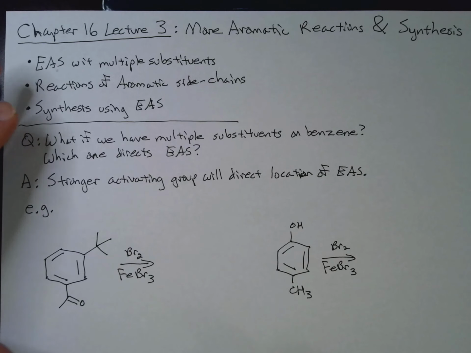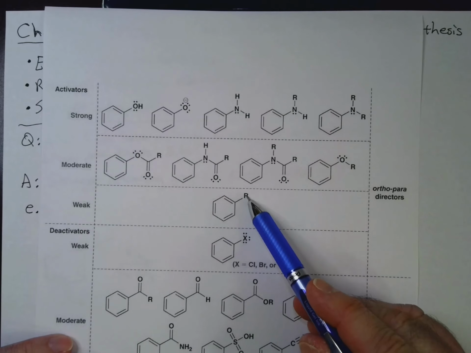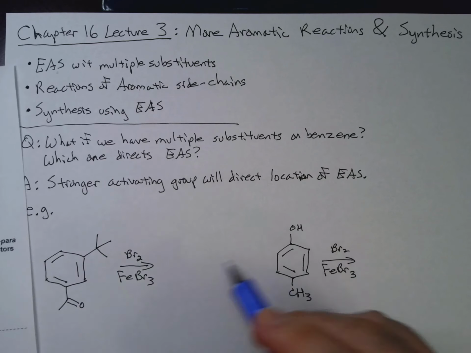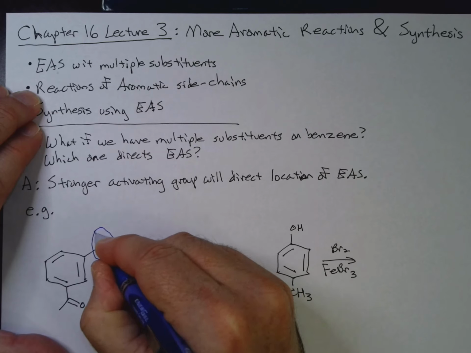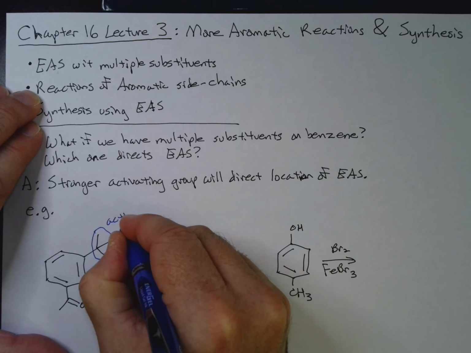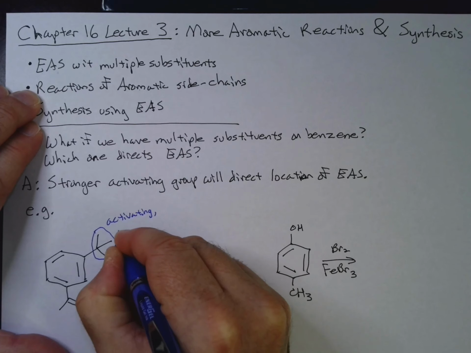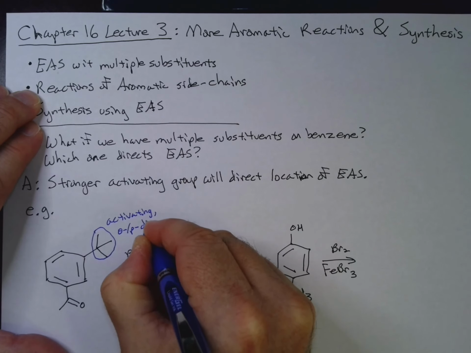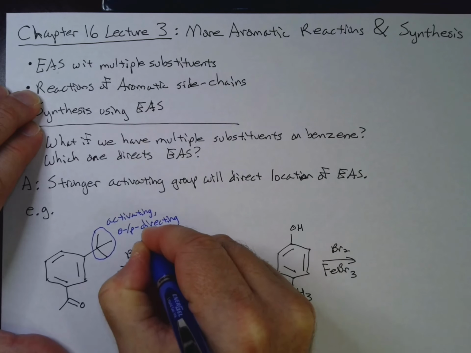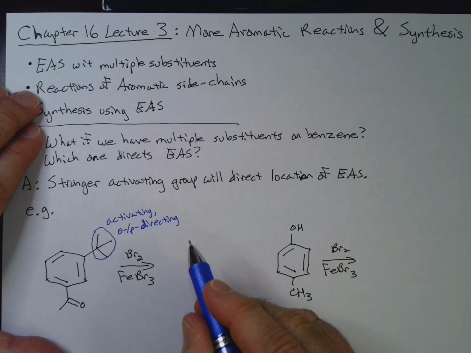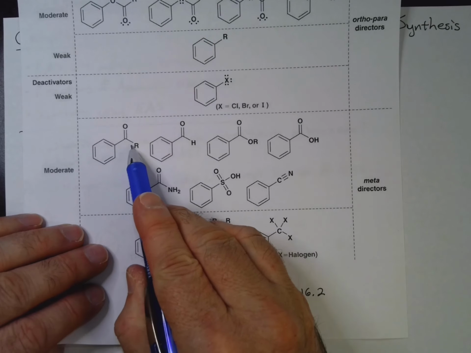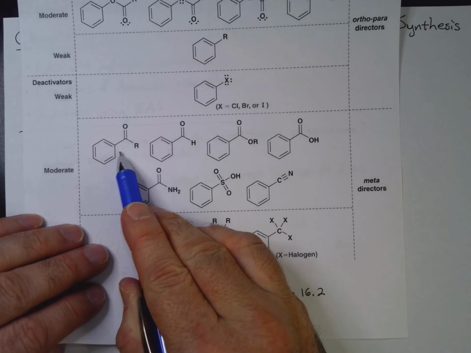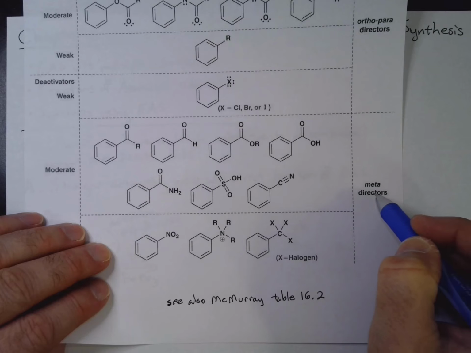Well, let's take a look. If we look at our table here, we see that R is an alkyl group, and that's what our t-butyl is. So that is activating and ortho-para-directing. We'll just abbreviate ortho and para with O and P. And then our acetyl group here is this kind of species, and that's a deactivator and a meta-director.